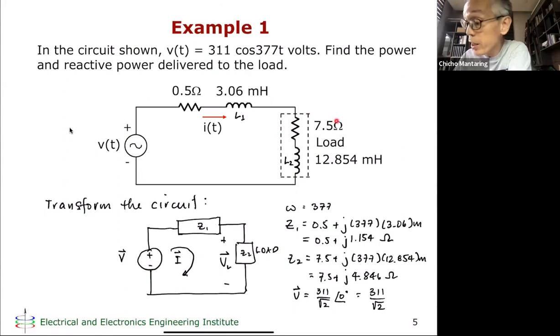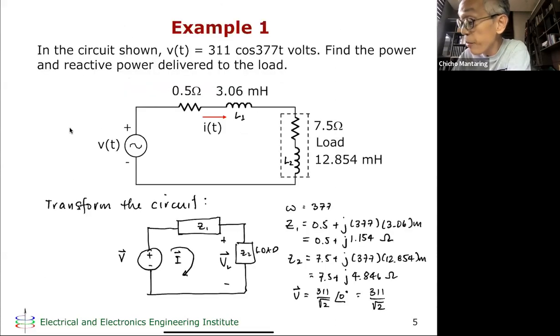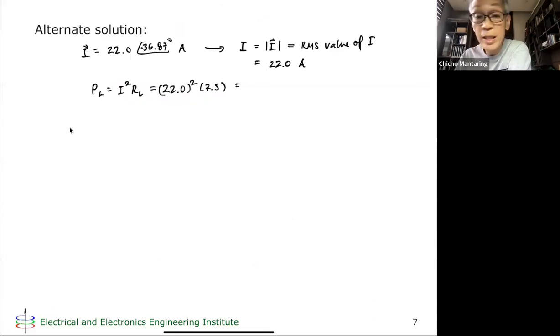Therefore, right away I can say P of L is just I squared R of L, or 22 squared multiplied by 7.5 ohms, because this is 7.5 ohms. And I'm going to get the same answer. I'm going to get 3630 watts.